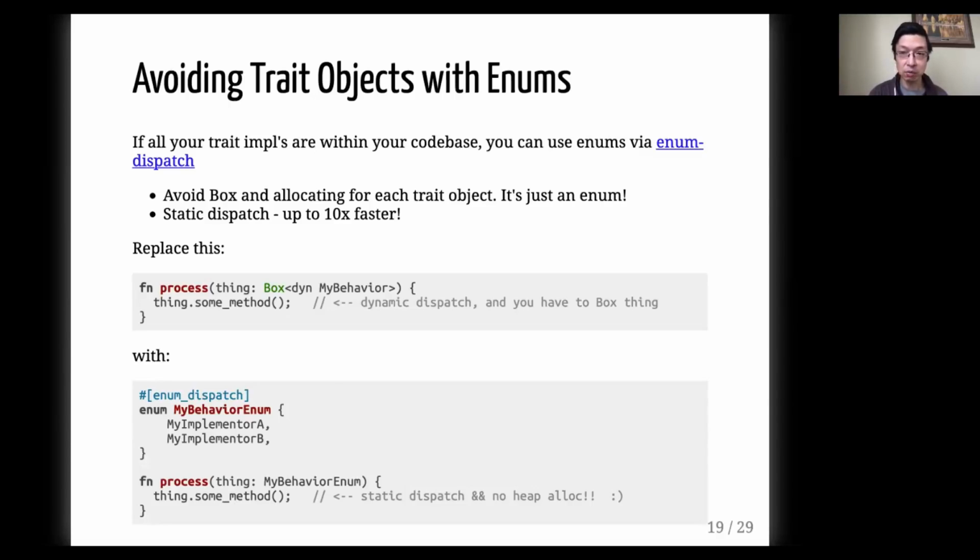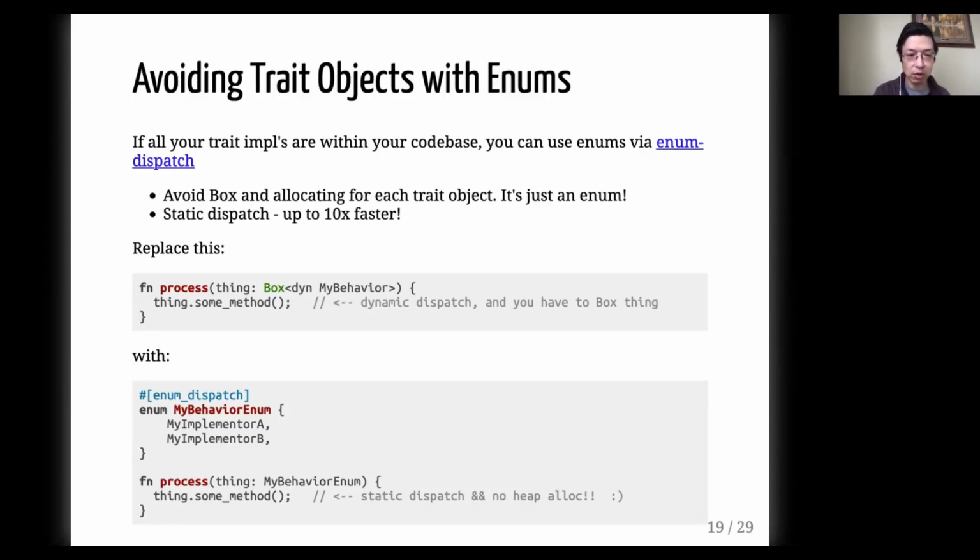enum_dispatch, which is really great. What it does is, if all of your trait implementations are within your control, you can make it an enum. All of your implementations of MyBehavior in this case are in this MyBehavior enum. We annotate it with enum_dispatch, and enum_dispatch will tie in with the trait, and will actually make it so that your enum will implement the trait methods if all of the variants of the enum also implement it.